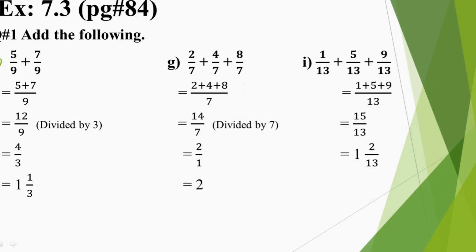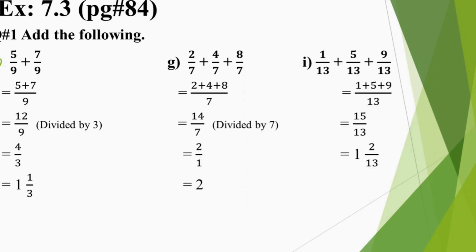So we divide the numerator and denominator by 7 to convert it to the lowest form, as we practiced in questions last day. When 14 is divided by 7, it becomes 2, and 7 divided by 7 becomes 1. So 2 by 1 is written as 2.